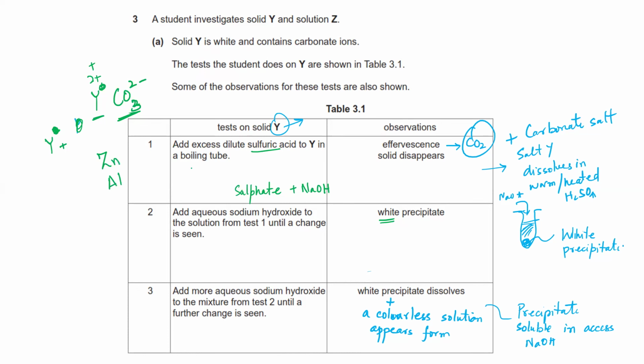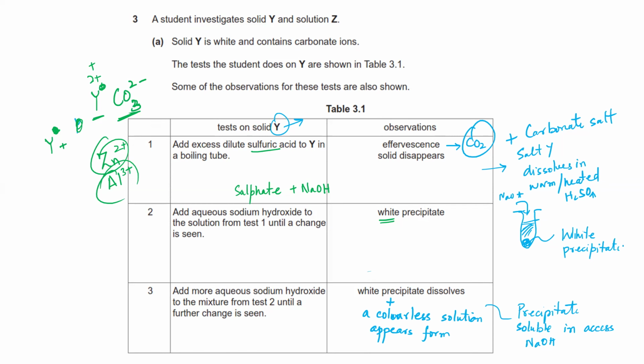Zinc and aluminum are two cations that are soluble in aqueous sodium hydroxide. They produce a white precipitate and eventually a colorless solution. So Y can be zinc carbonate or aluminum carbonate.